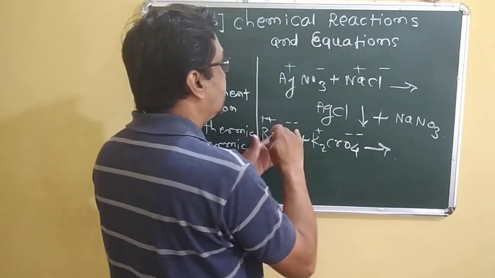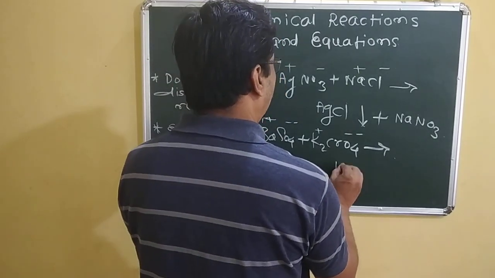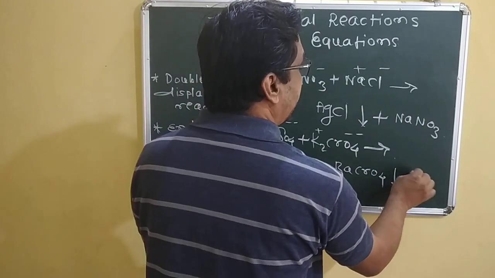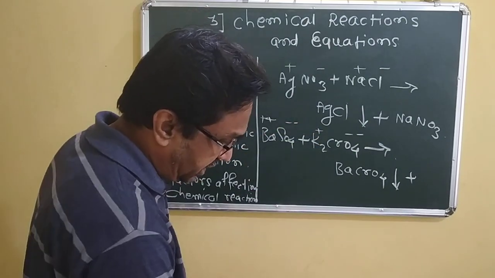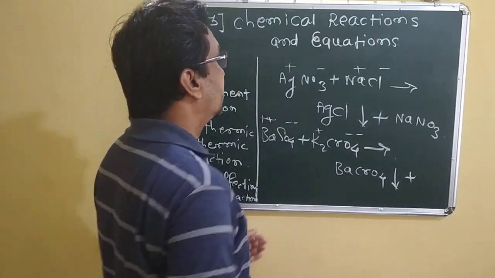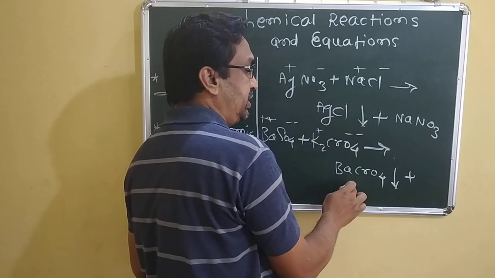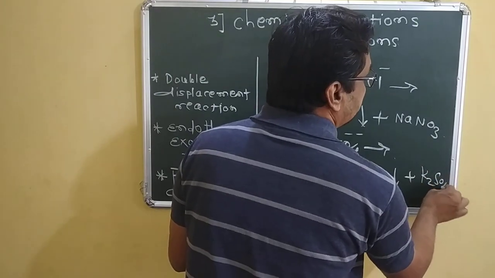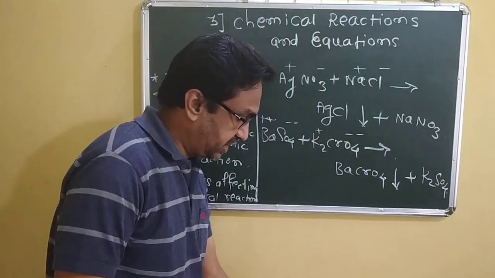They interchange their ions and form BaCrO4, which is a yellow precipitate, and K2SO4. Here AgCl was a white precipitate, and here it is yellow. In this way the reaction goes.